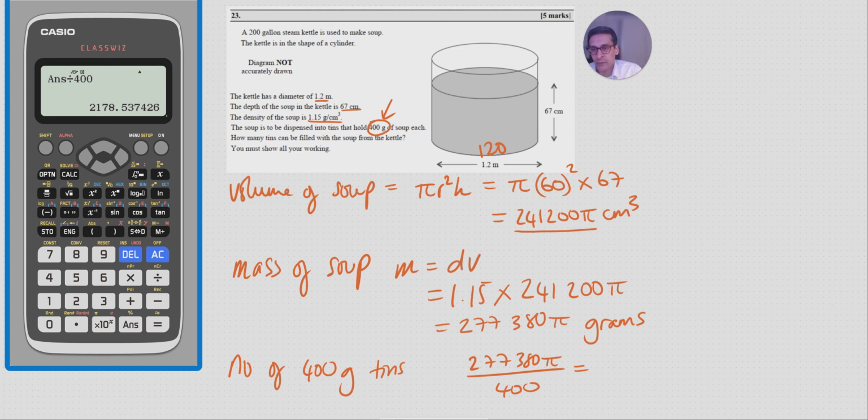It's just how many full tins can be filled up. So this will become 2178.537, approximately equal to 2178 tins in total.